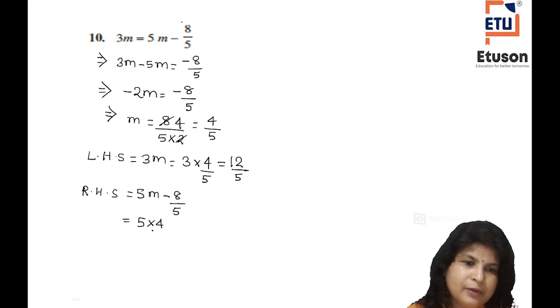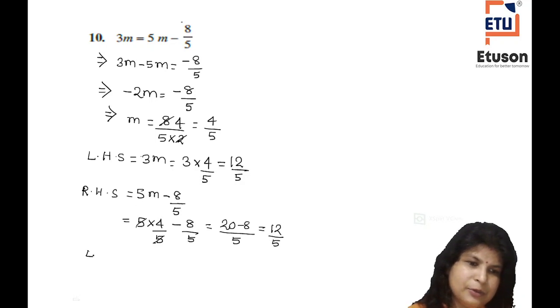So 5 into 4 by 5 minus 8 by 5. Here the 5 and 5 get cancelled and you are getting 20 minus 8 divided by 5, that is equal to 12 divided by 5, which is nothing but equal to your LHS.